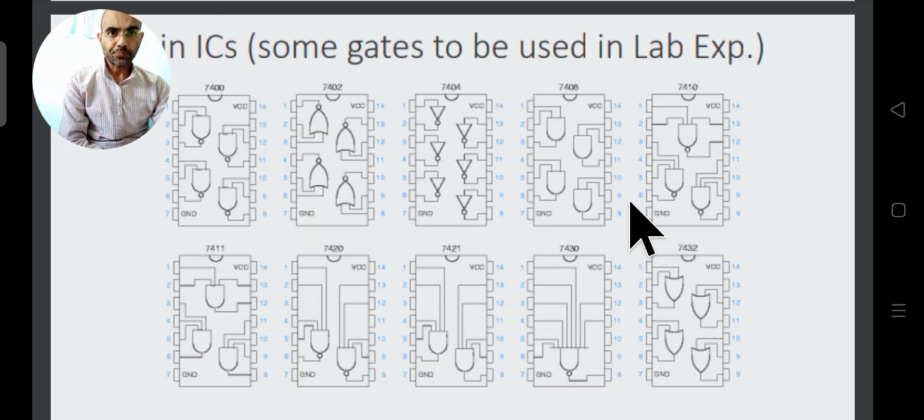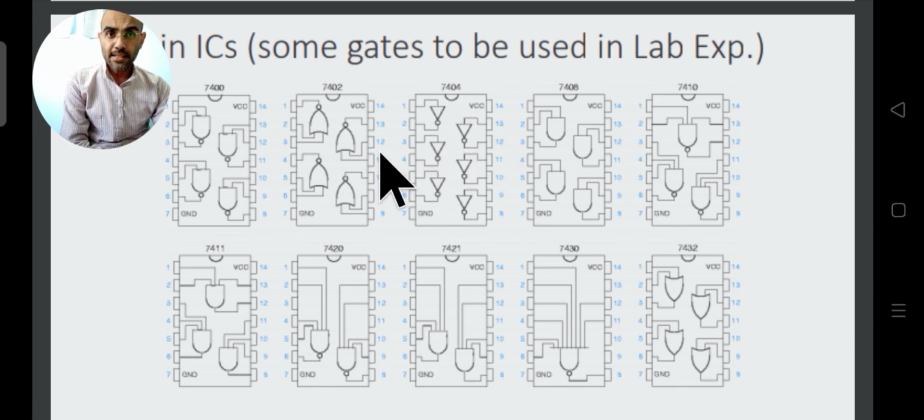Now, as we have seen all the types of gates, these gates are also used in your lab experiments. Though you are presently doing all the experiments in the online simulation lab, if you do the experiments in the physical laboratory at the institute, we don't give you single gates but ICs.